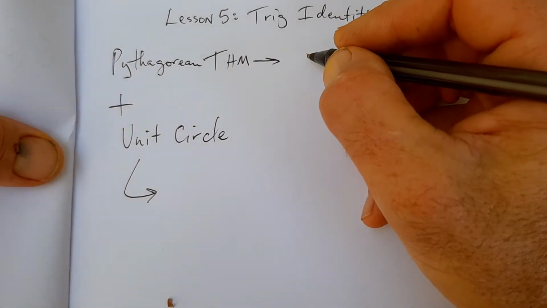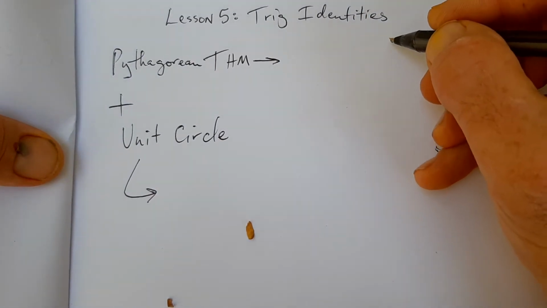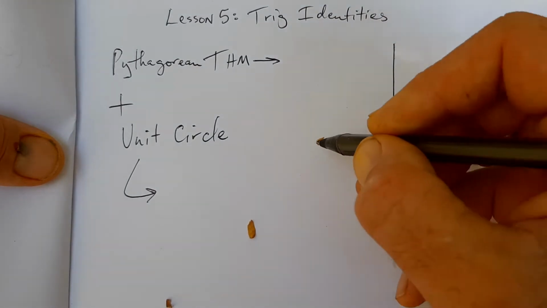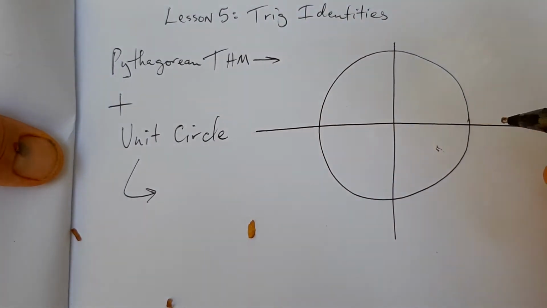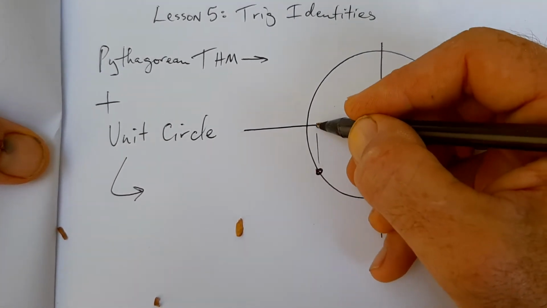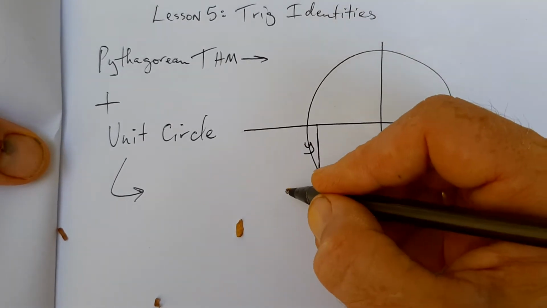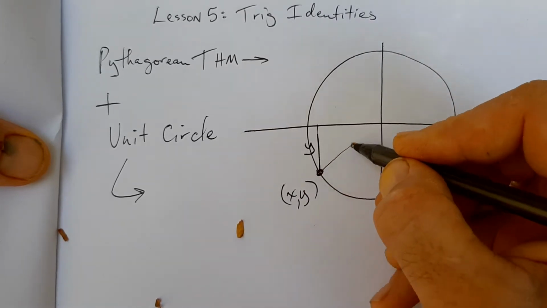Pythagorean theorem, is, well, we're putting the unit circle together. So I choose any spot, it doesn't matter. And I got this is my y, to get to x comma y, right?